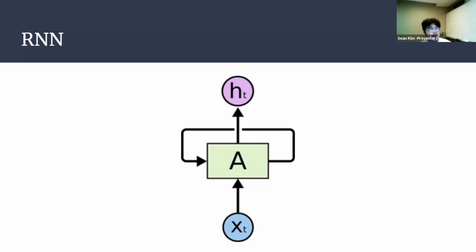A basically gets an input text and outputs HT. The repeat sign around A means that the next step of this network gathers information from the previous step of this network.